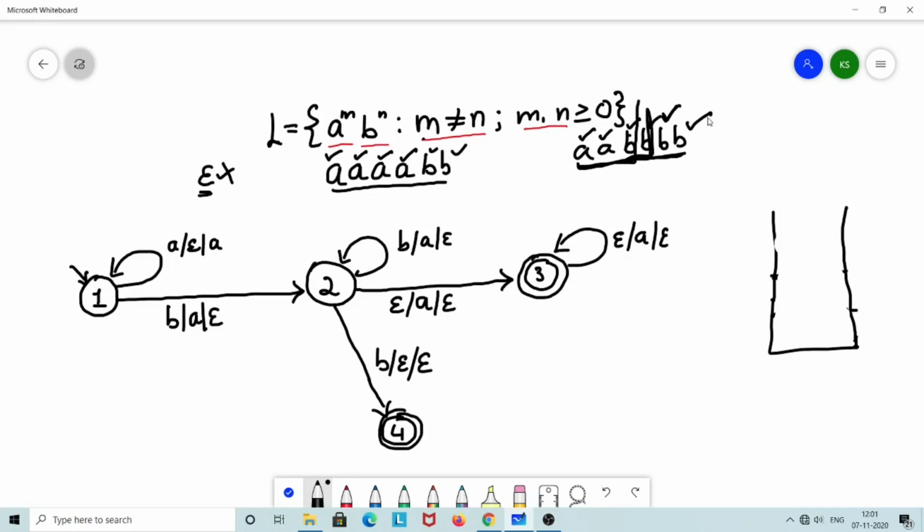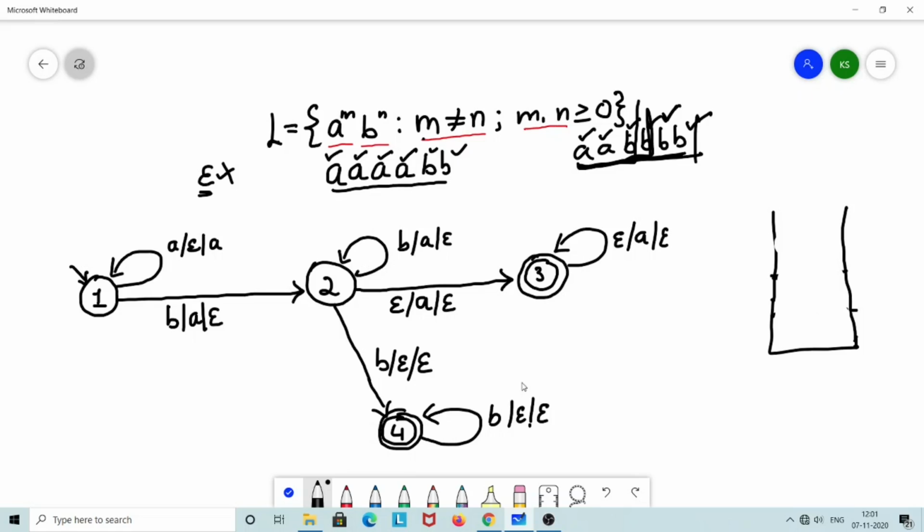And for the final B, I'll remain in state 4, and I'll simply consume it without any push or pop operation. Now, at the end of the string, after 2 A's followed by 4 B's, I ended up in state 4, my stack is empty, and 4 is an accepting state.